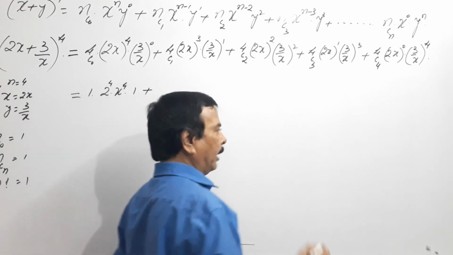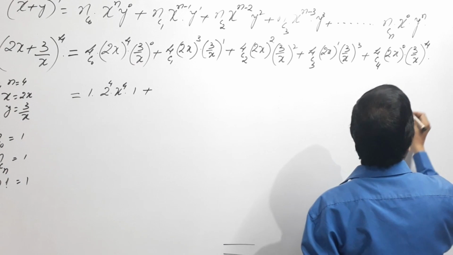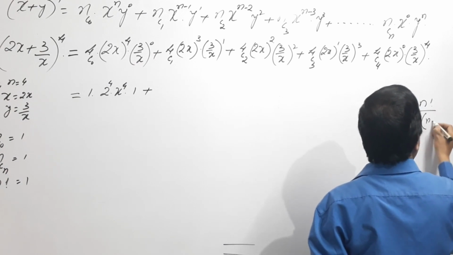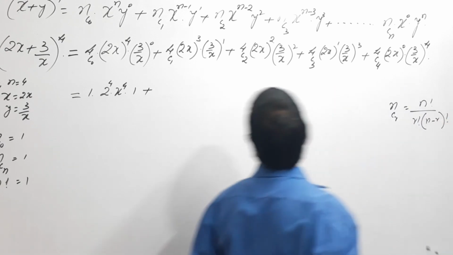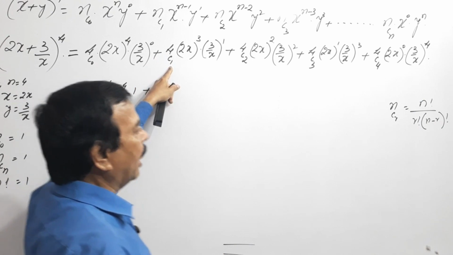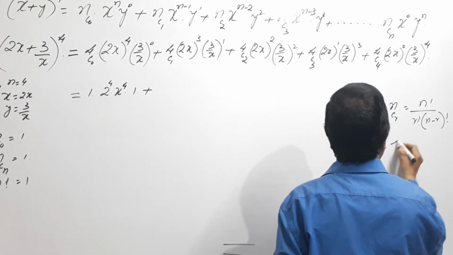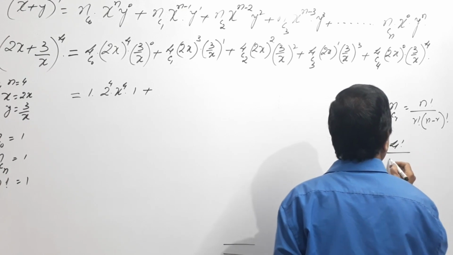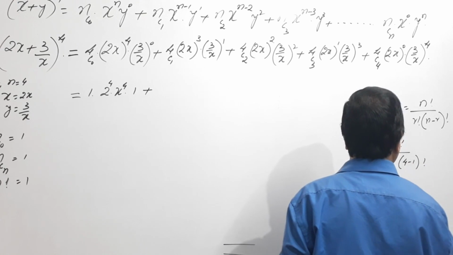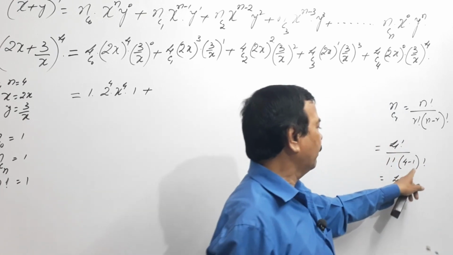Now what we will do, I will try to help you inside, I have already taught you, but anyway, nCr equals n factorial by r factorial, (n minus r) factorial. So in this case, n is 4, C as it is, r is 1. That is equals to 4 factorial by 1 factorial, (4 minus 1) factorial, that becomes 4 into 3.